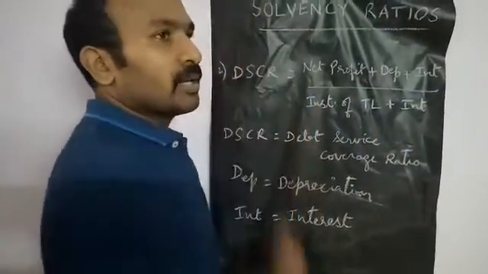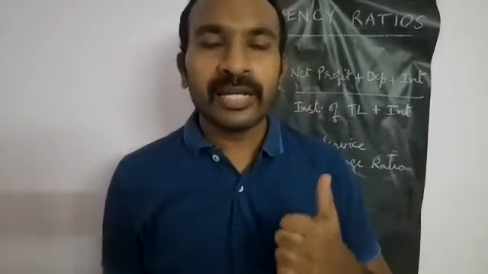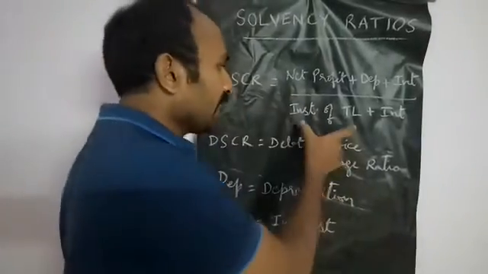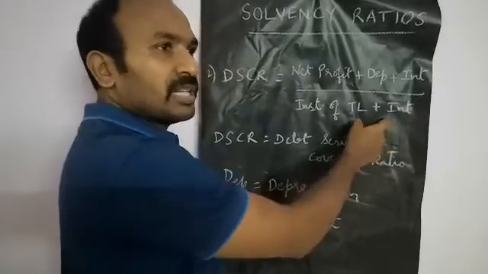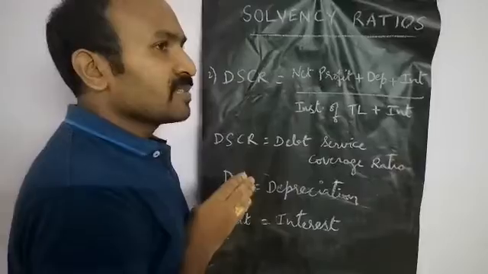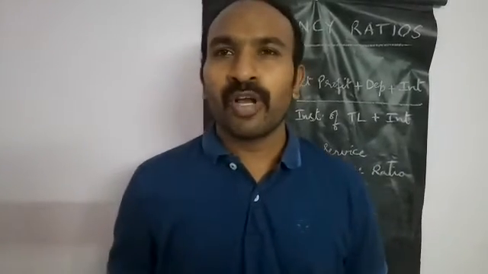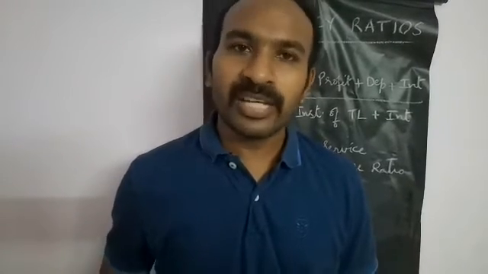So in the first ratio, interest coverage ratio, we need to take only the interest part. Here in debt service coverage ratio, we need to take installment of term loan and interest part also in the denominator part. So debt service coverage ratio tells the entire debt service capability of that particular firm, and ideally the ratio should be 1.10 to 1.30:1.